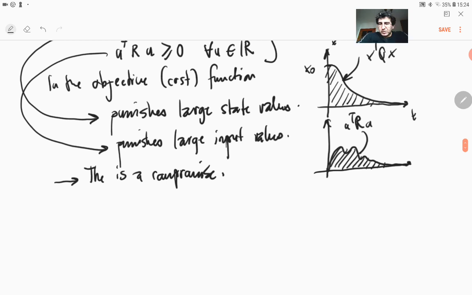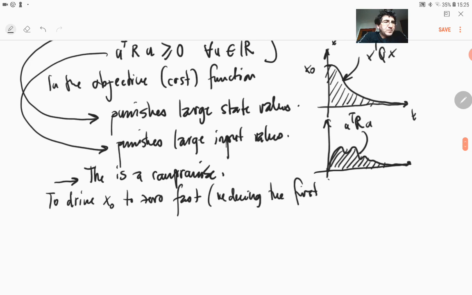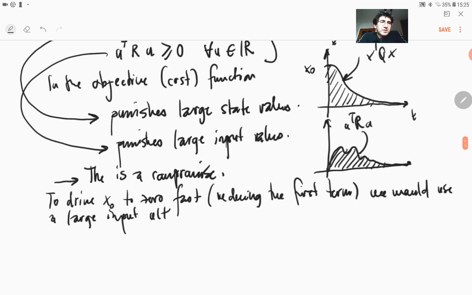So let's write that down. To drive x0 to 0 fast, reducing the first term, we would use a large input u, making the second term large.